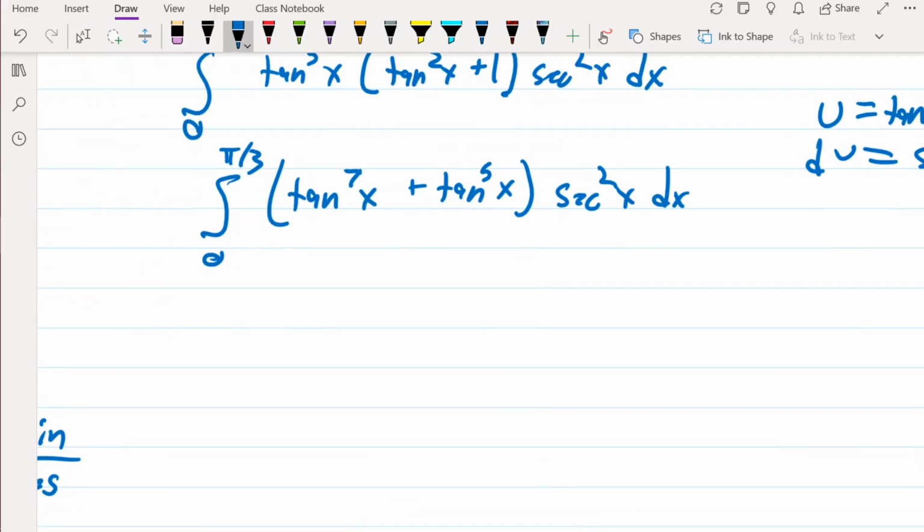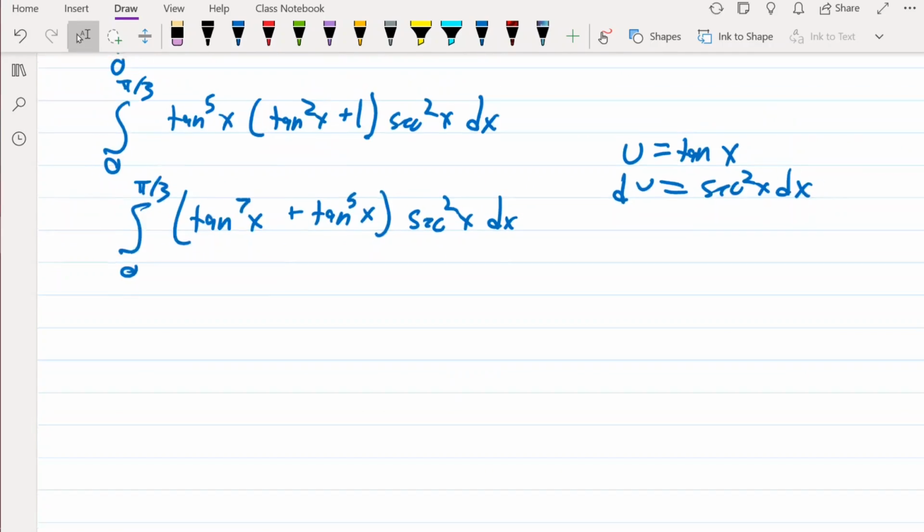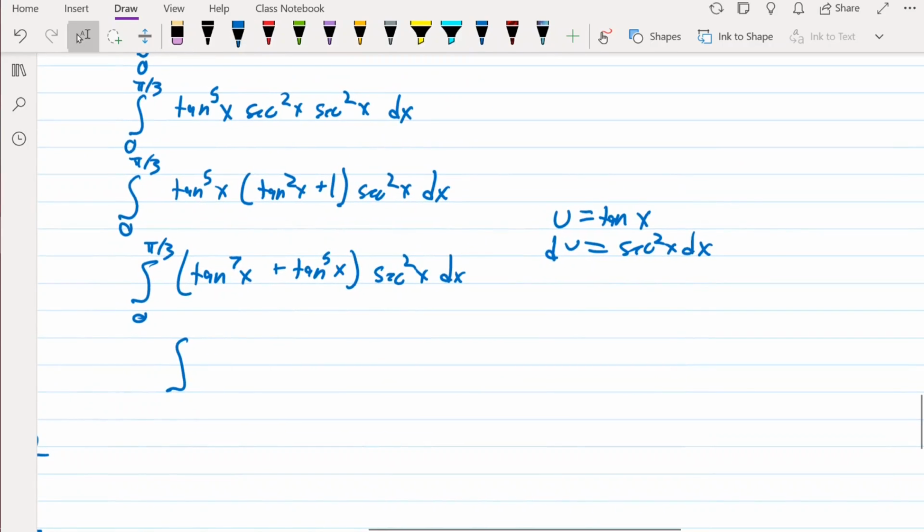So we can probably just get the new bounds now, just so I don't have to go back.